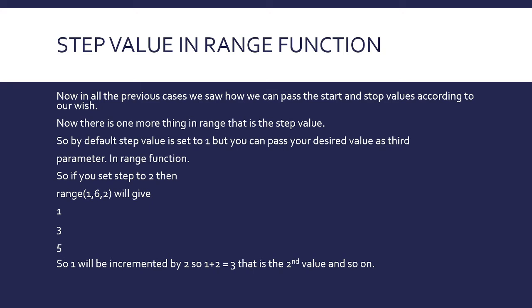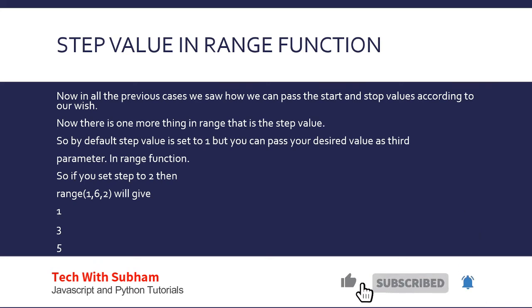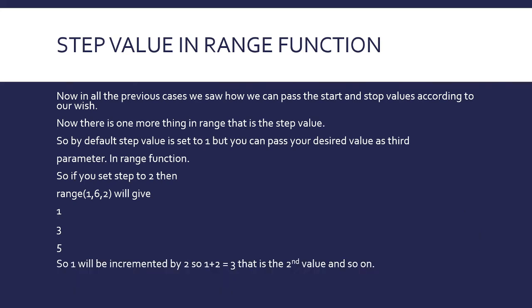In all the previous cases we saw how we can pass the start and stop values according to our wish. Now there is one more thing that we will take into consideration, that is the step value. By default the step value is set to 1, but you can pass any desired value you want. The step value is basically the increment value.